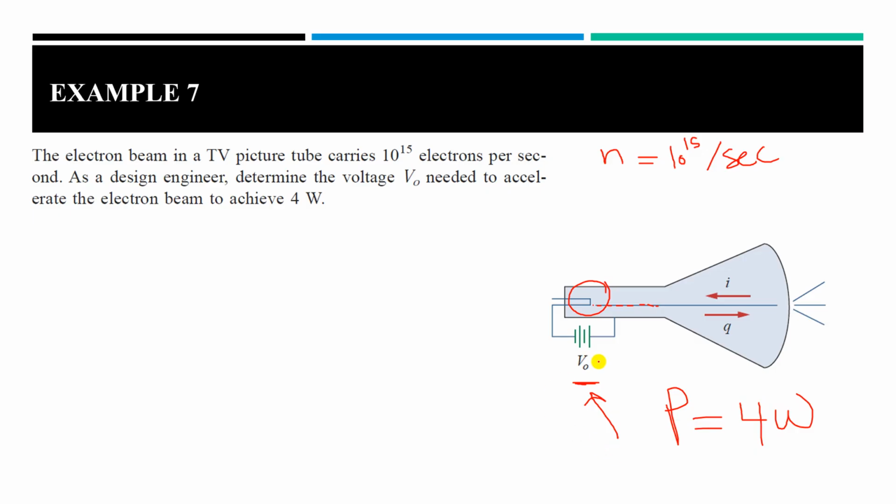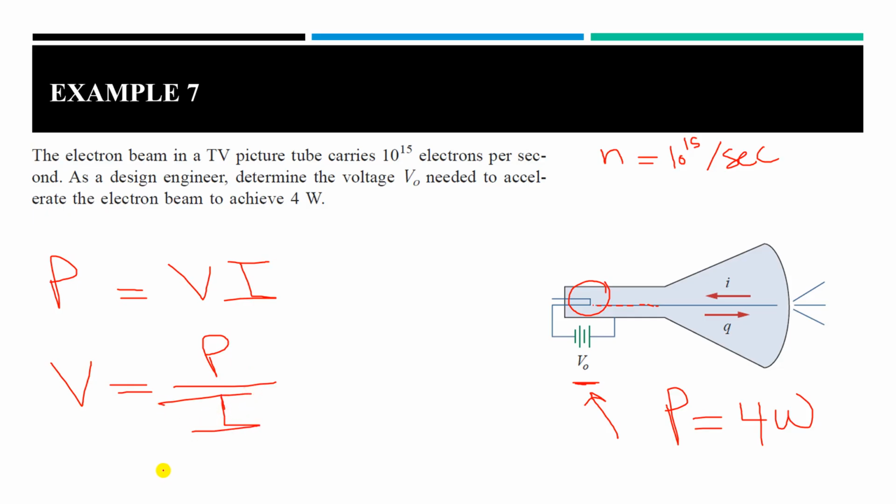What is the relation between voltage and power? You know that the power is equal to voltage multiplied by current. So the voltage is equal to power, which is the 4 watt, divided by the current. So we need to find the value of the current.